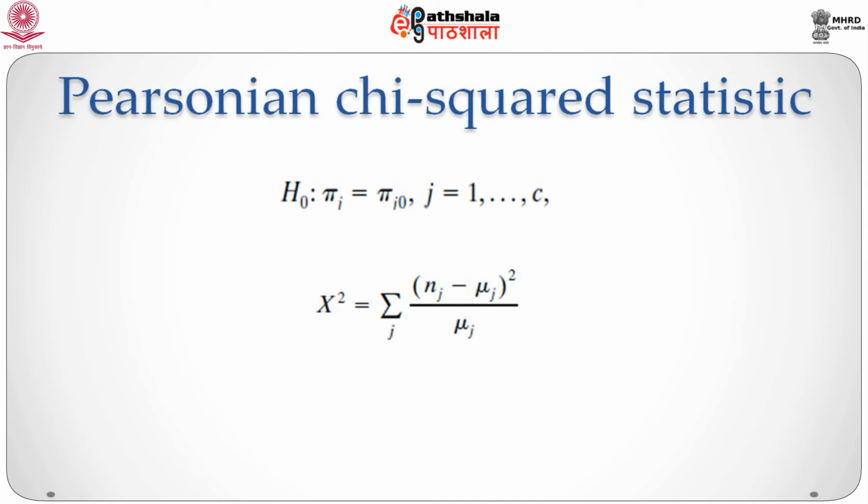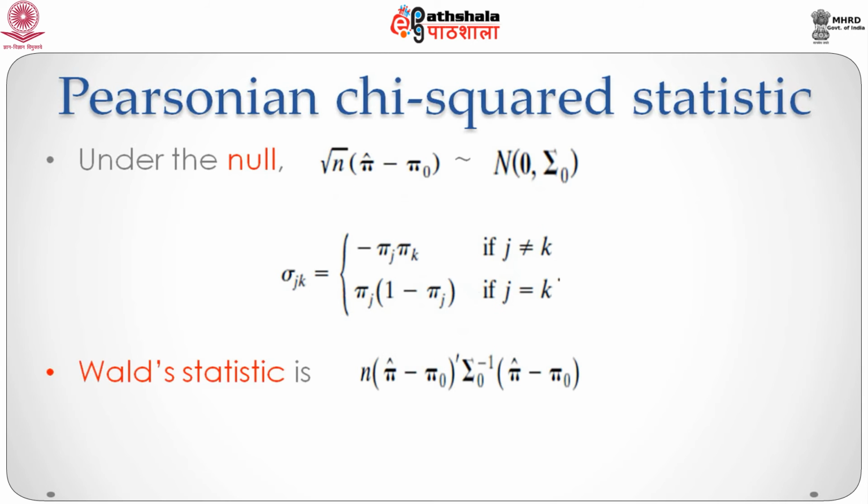This can be used as a test for goodness of fit, because under H naught we can expect the statistic to be small, and in case of a lack of fit we expect the statistic to be large, so that we can have a right tail test based upon the chi-square distribution. The Pearsonian chi-squared statistic turns out to be a special case of maximum likelihood based inference.